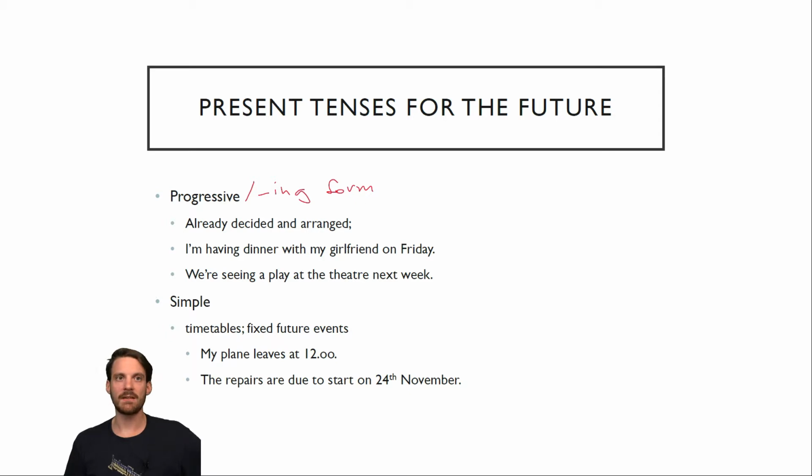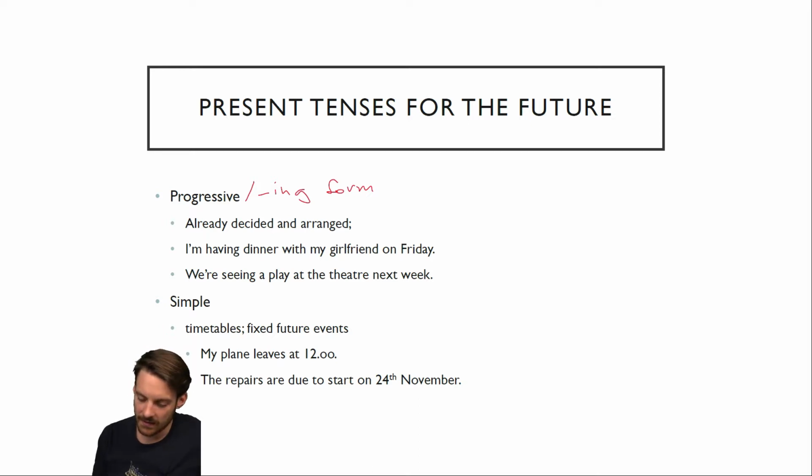So I'm meeting her tomorrow at 9 o'clock. We are streaming at 7 p.m. on Wednesday, or next week on Wednesday. So we're seeing, for example, I'm having dinner with my girlfriend on Friday. That is already arranged. So what does it mean?